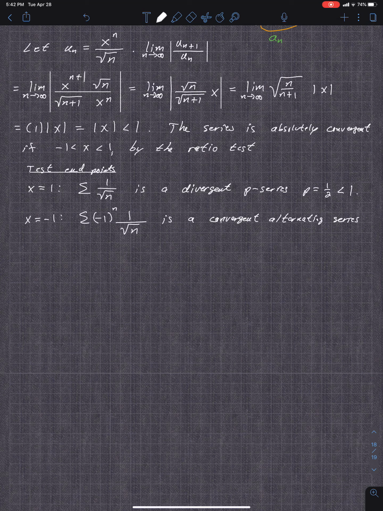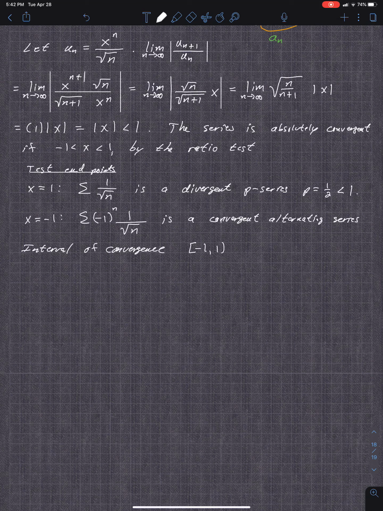All right, so then you have the interval of convergence. So you say the interval of convergence is, so you include the -1, but not the 1.